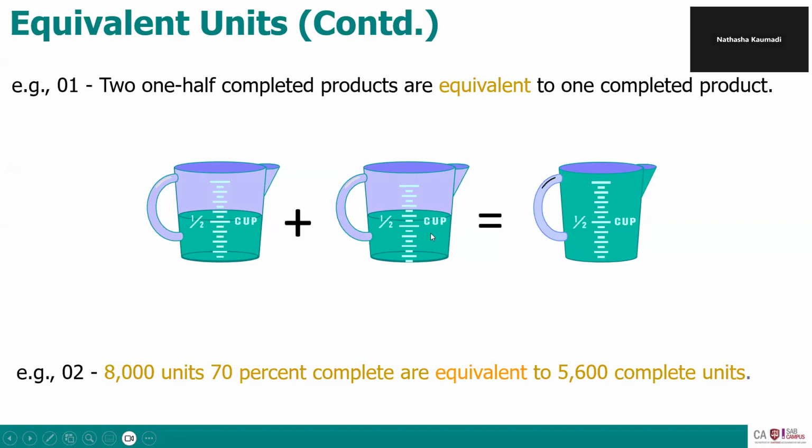Now, just imagine, actually, physically, there are two cups, 50% filled. But just imagine if you add these amounts of water together into one cup, how many fully filled cups can we have?